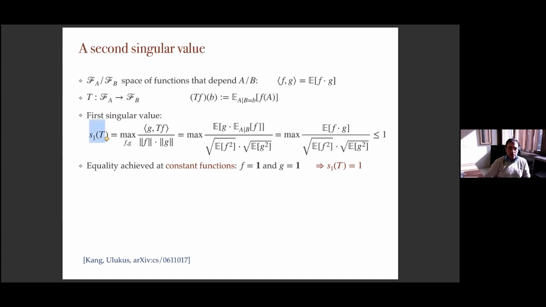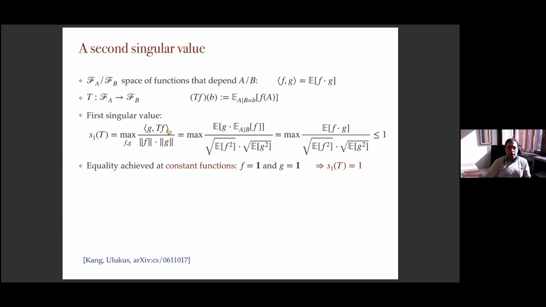S of 1, the singular value, by definition, is that I sandwich T with two vectors, F and G, then I normalize the vectors and maximize over F and G. That's the definition of the first singular value of T.